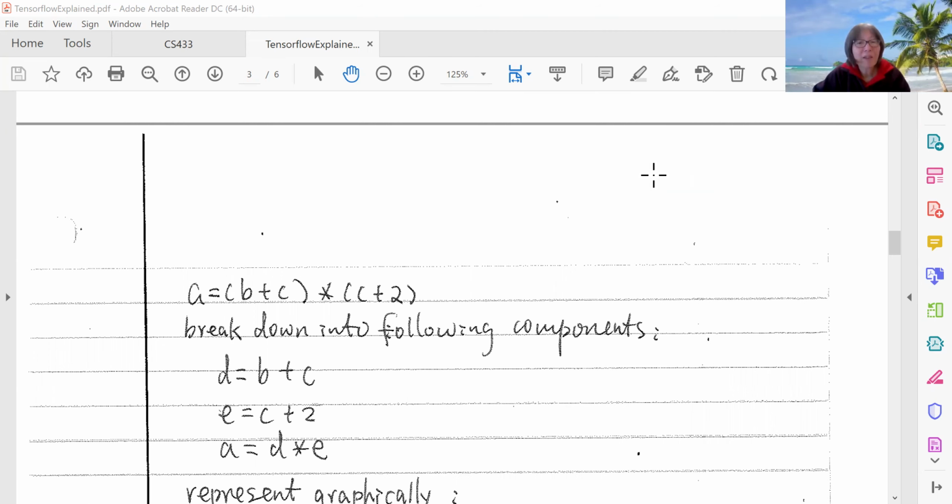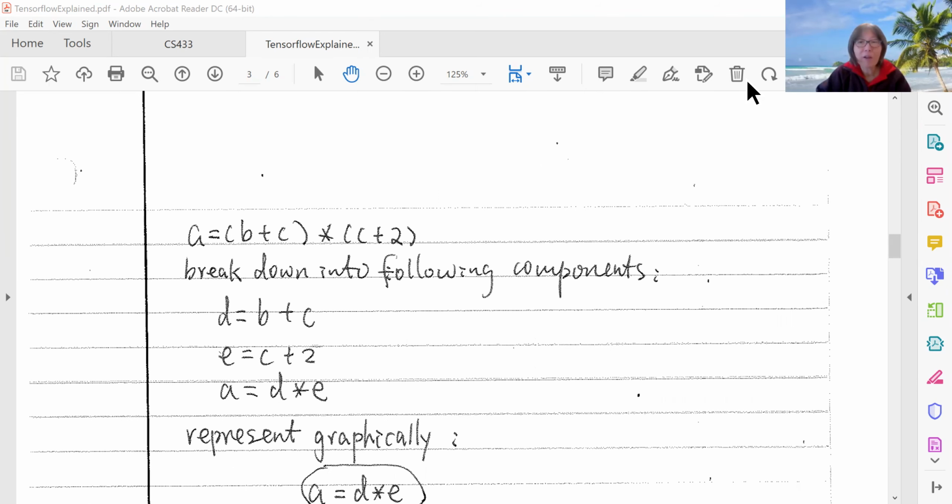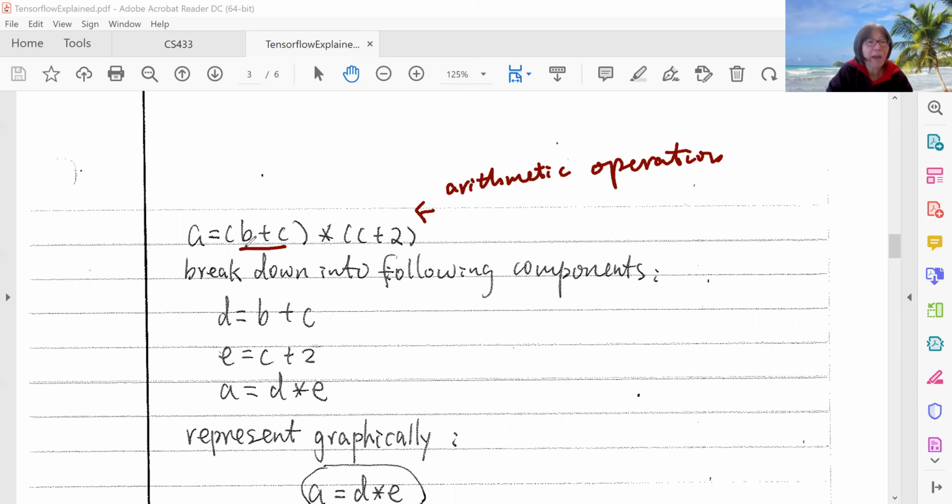Okay, then next let's take a look at the TensorFlow idea, the graph. This is a very, very simple arithmetic operation. You add two values, you add another two values, then you multiply them.